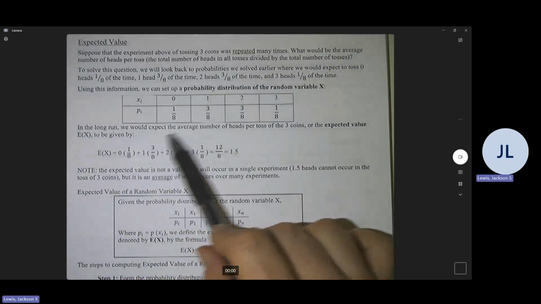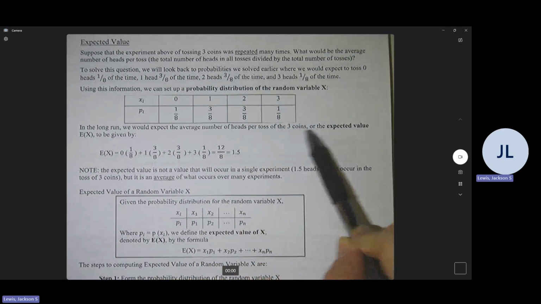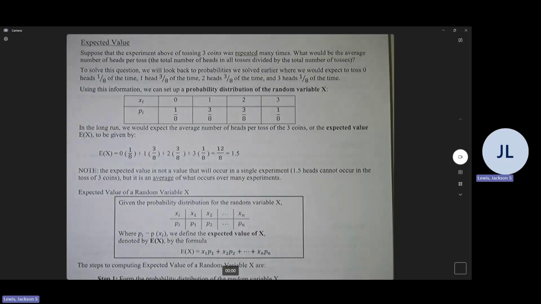So in the long run, we would expect the average number of heads per toss of 3 coins to be 1.5, which makes sense, right? We expect the toss to have, on average, the same amount of heads as tails. It doesn't make sense that in one toss, a coin is half heads and half tails, but over time, it averages out. And we denote this E of X. This is the expectation value.